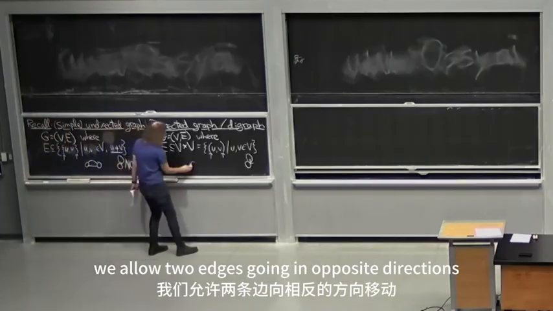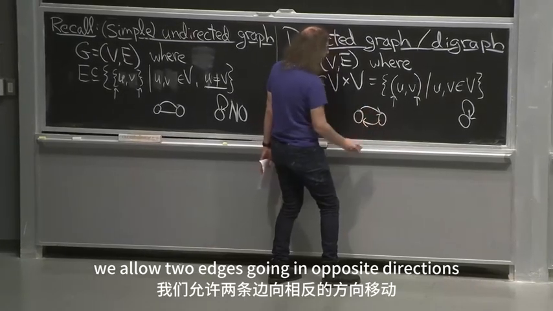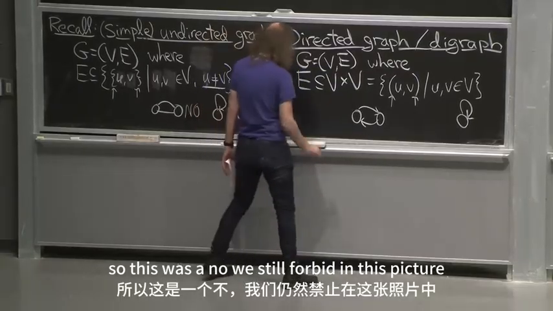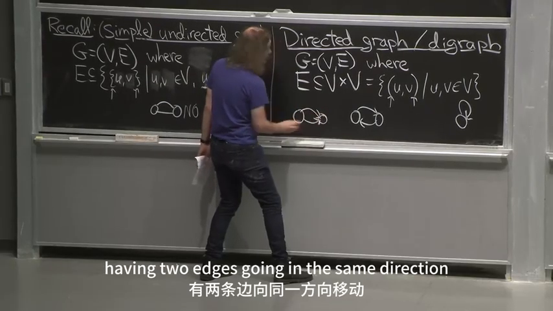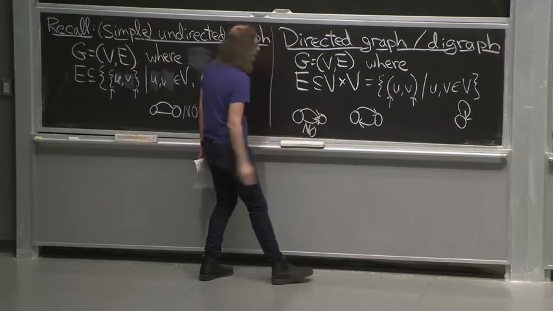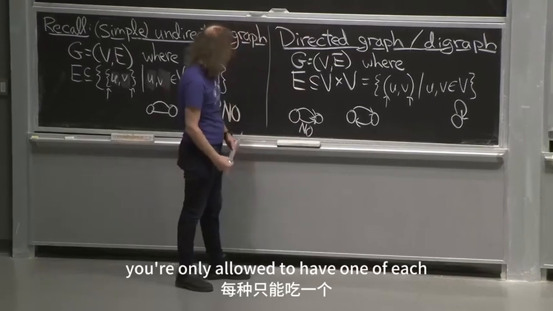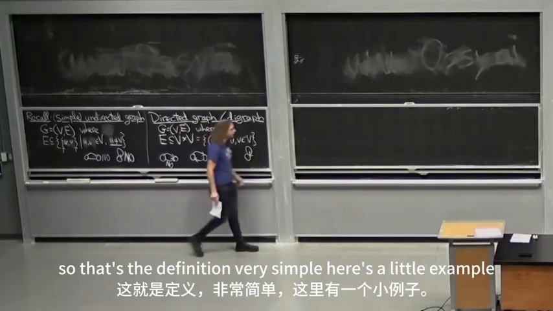Here we allow 2 edges going in opposite directions. So this was a no. We still forbid, in this picture, having 2 edges going in the same direction between the same 2 vertices. That's a consequence because E is a set. You're only allowed to have 1 of each. So that's the definition, very simple.